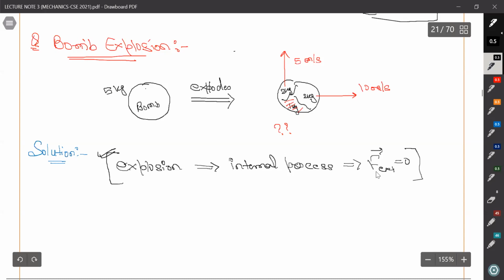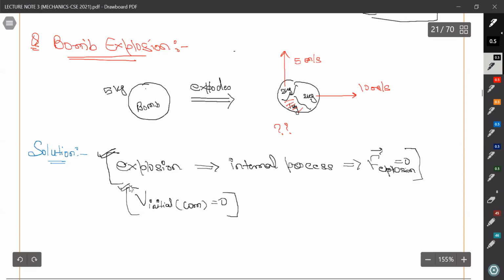Due to explosion, the force, better to write, will be 0. First thing first, this. Also, V initial of center of mass is 0. So these two things are given in the question itself.